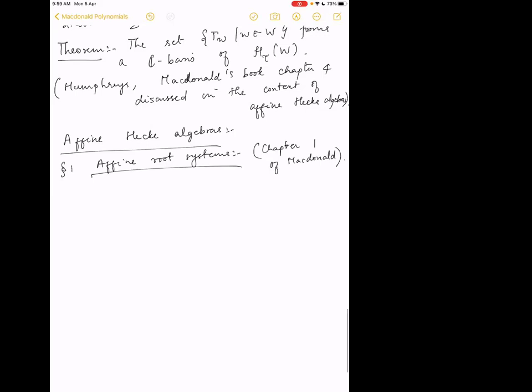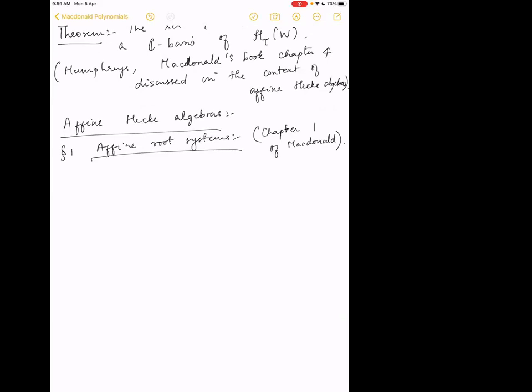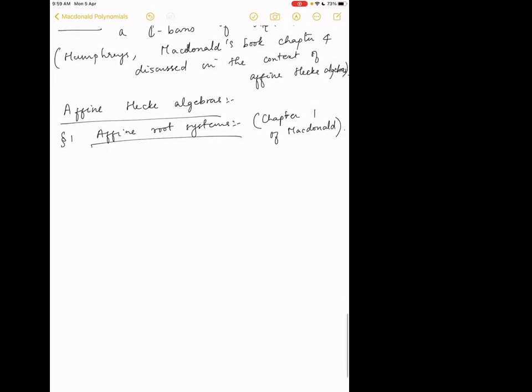It'll sort of be an overview, so there will not be many proofs. And also towards the end, I will explain what everything looks like for type A. Okay, so these are similar to finite root systems.